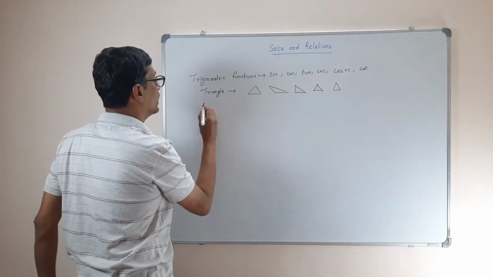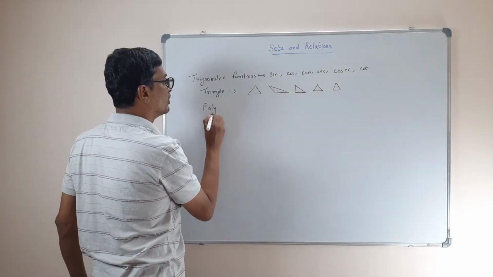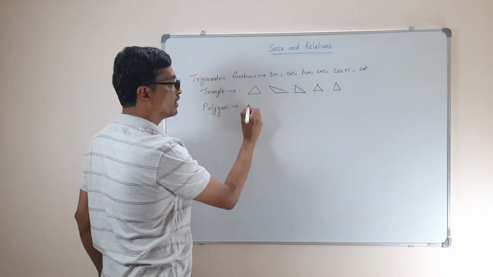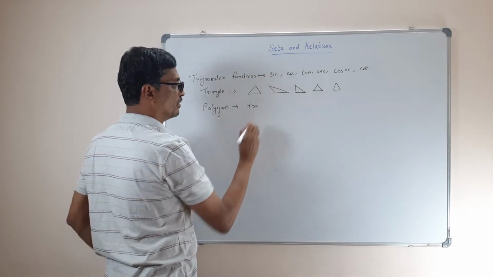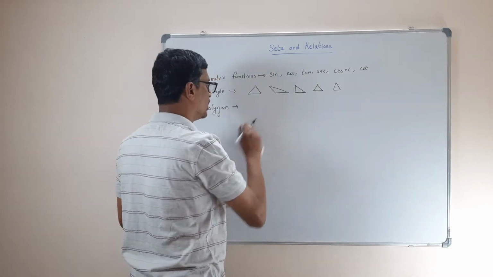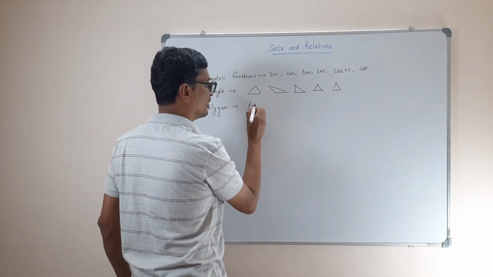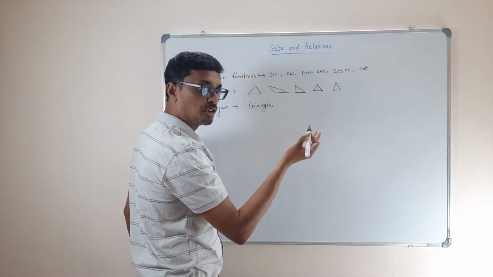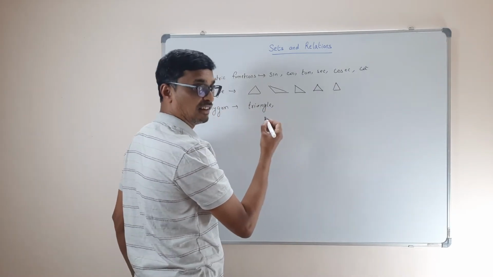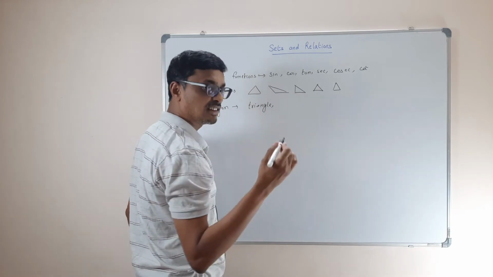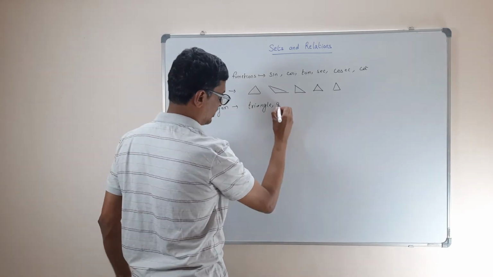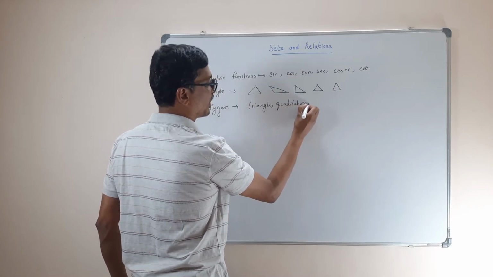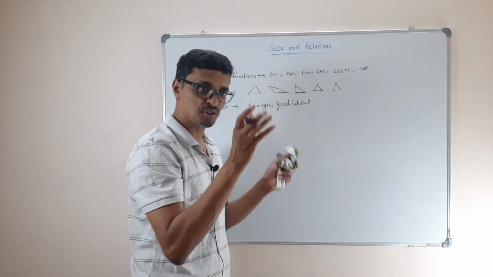So I can say polygon. Polygon starts with what? Triangle, when it has three sides. When it has four sides, it is a quadrilateral, a polygon with four sides.